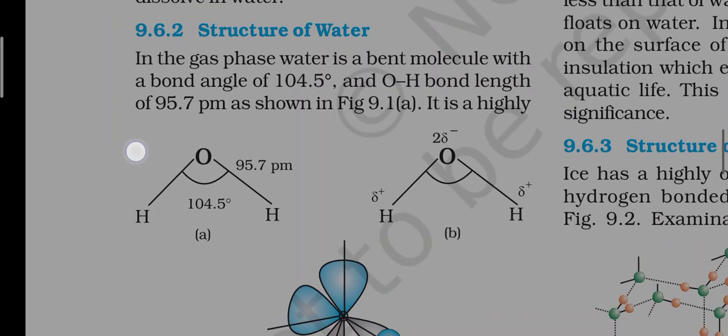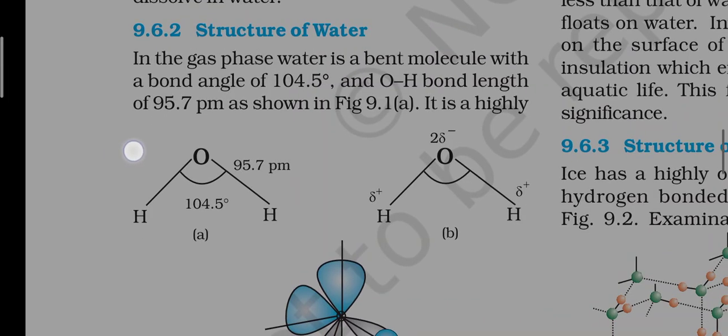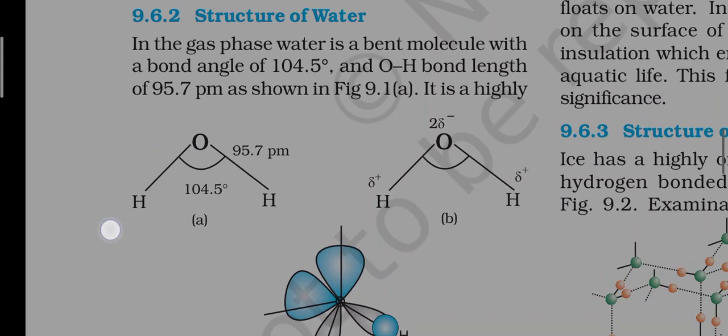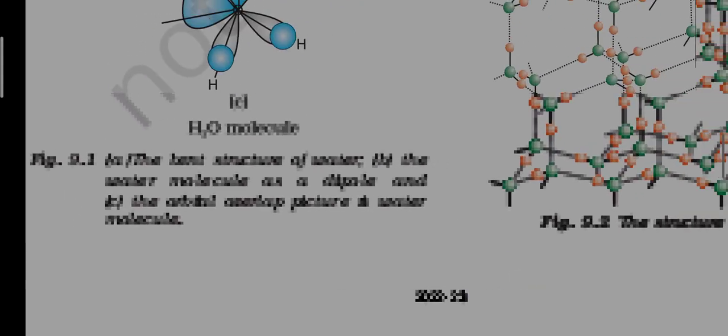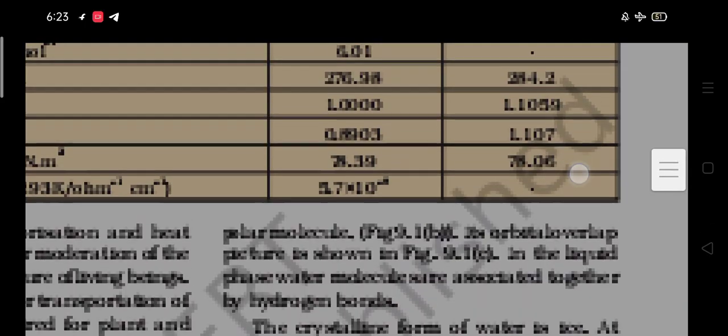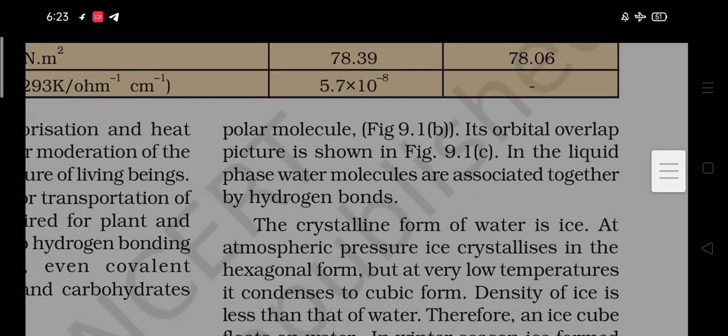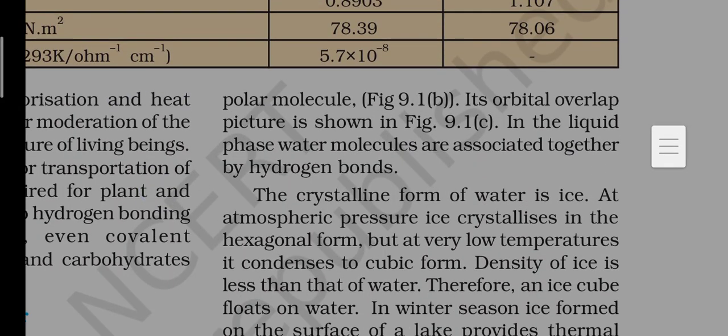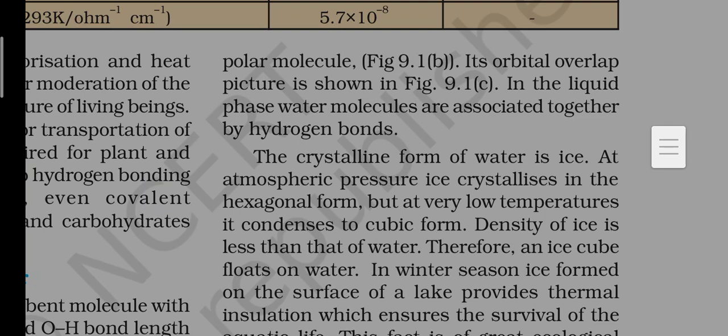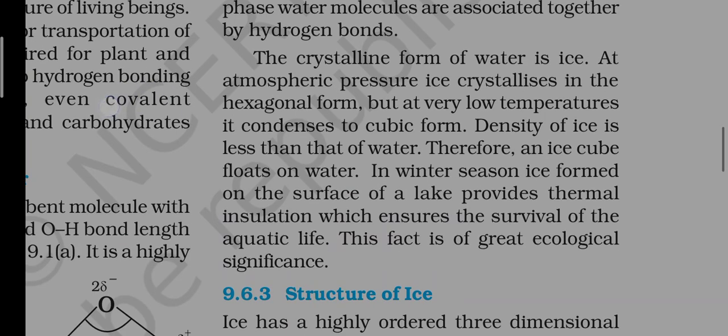Next is structure of water. In the gaseous phase, water is a bent molecule with a bond angle of 104.5 degrees and OH bond length of 95.7 picometer. It is a highly polar molecule. In the liquid phase, water molecules are associated together by hydrogen bond. The crystalline form of water is ice.